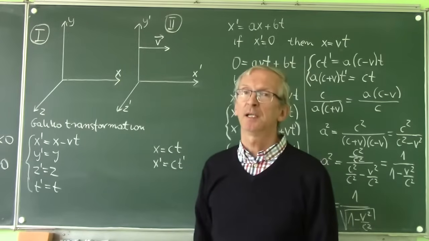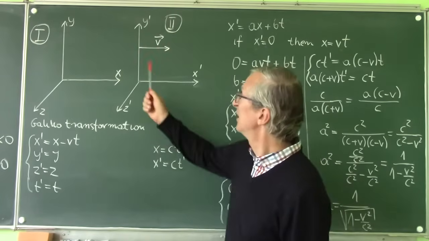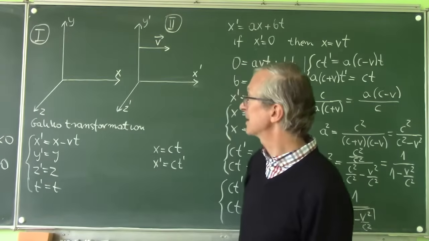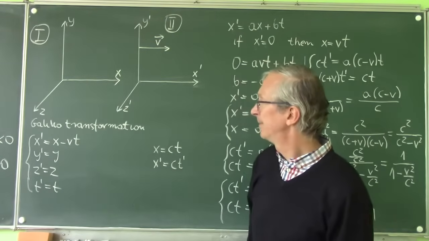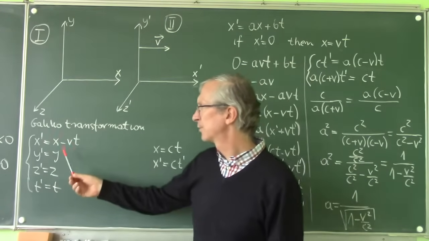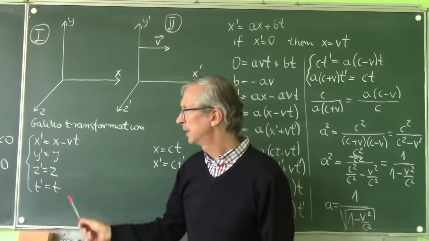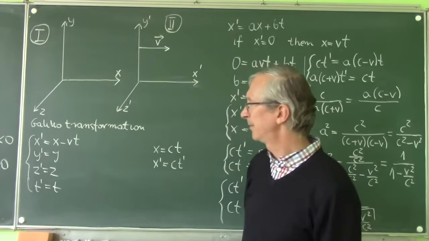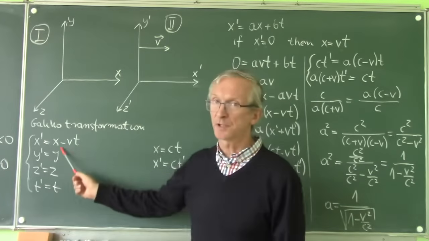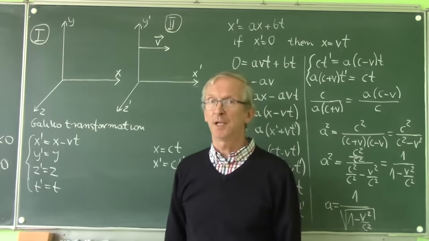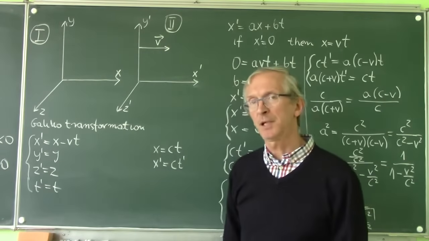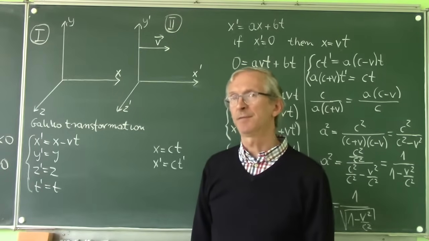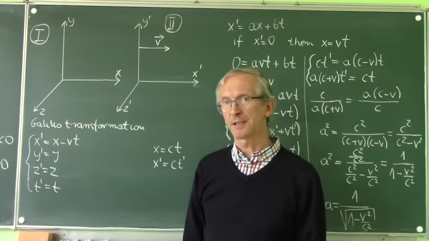this velocity has components in the direction of all axes. I should remind you about Galileo transformation. We know that this transformation is not true because it does not comply with main postulates of special theory of relativity.